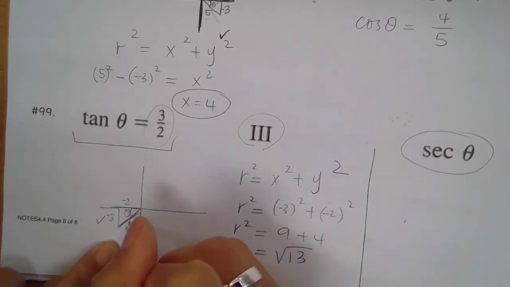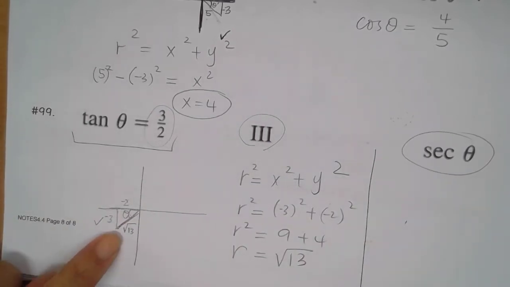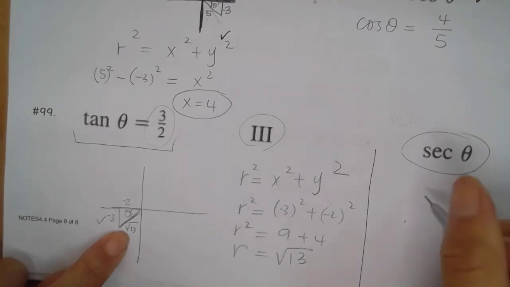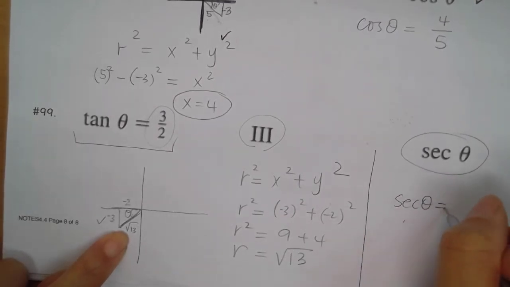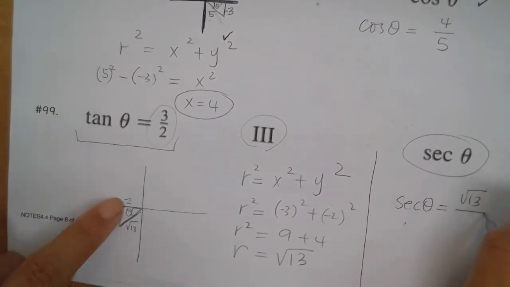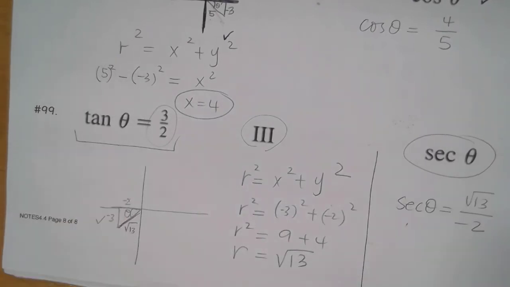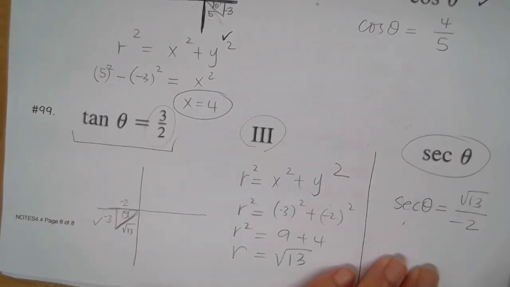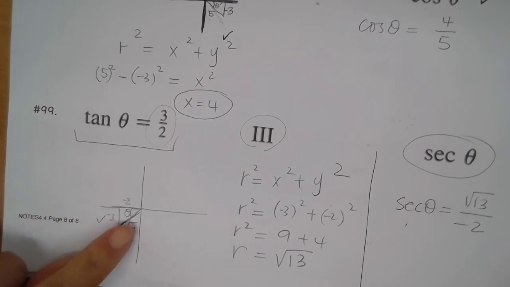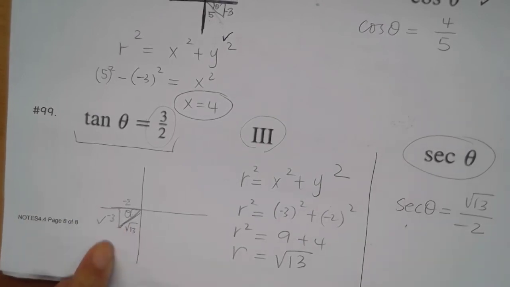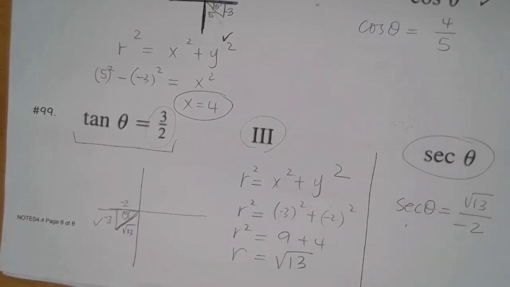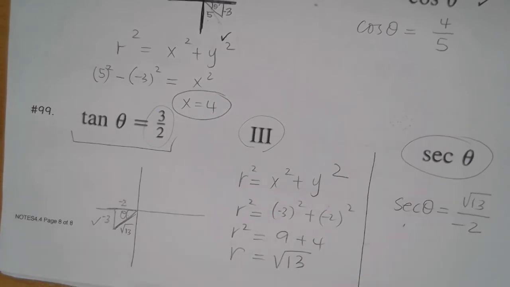Your hypotenuse is root 13, but it's secant, so I'm going to go hypotenuse first, root 13, over your adjacent, which is negative. Your secant is negative because cosine is negative there, right? All right, I hope that was clear. Good luck.